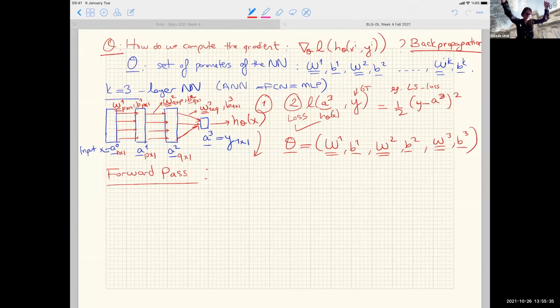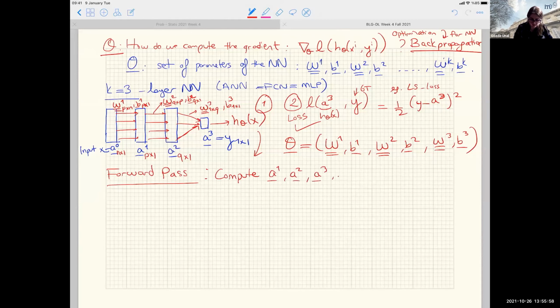So backpropagation is the optimization for neural networks, to obtain those theta stars. So forward pass means I need to compute my activations, A1, A2, and A3 in this case.